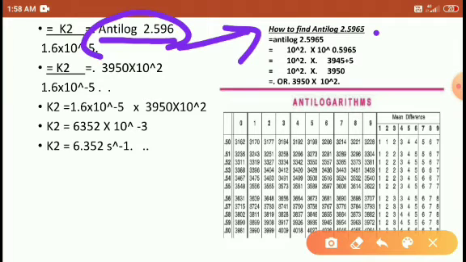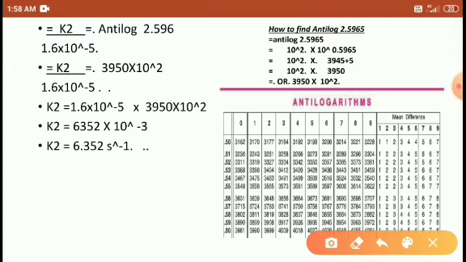Actually it's 2.5965, but by mistake I forgot to write the 5, sorry students. So we split it into 10^-2 and the remaining 0.5965, right? Again 10^-2, the 59th row and 6th column, this is the 59th row and this is the 6th column.